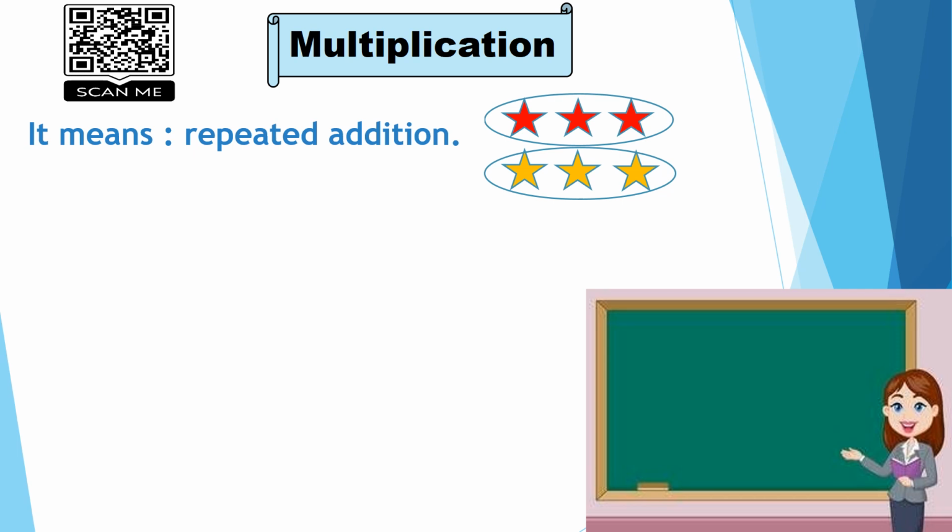So the total number will be 3 plus 3, 3 red plus 3 yellow. This is called repeated addition because we add the same number many times.